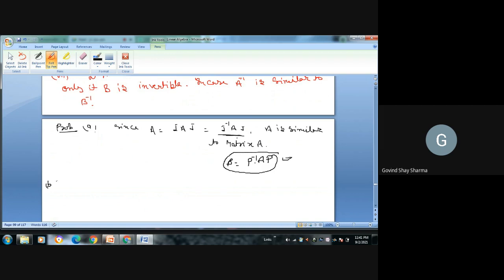Second, if A is similar to B, then B is equal to P inverse AP.